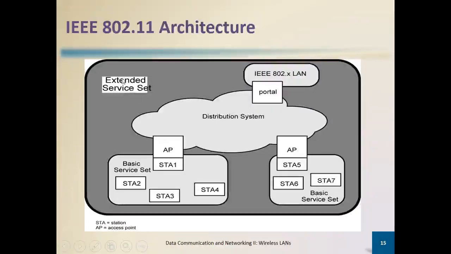And in all, you create what you call an extended service set. So if you have multiple basic service sets interconnected via distribution system, you form what? Extended service sets.